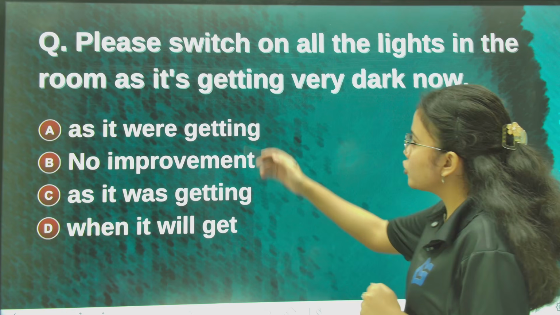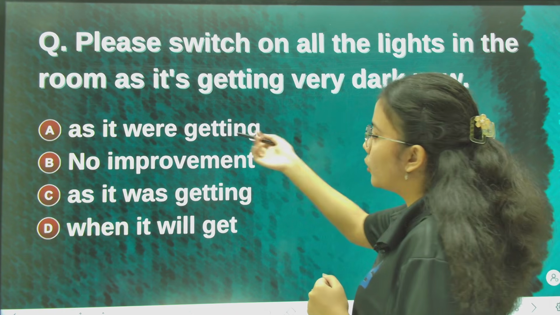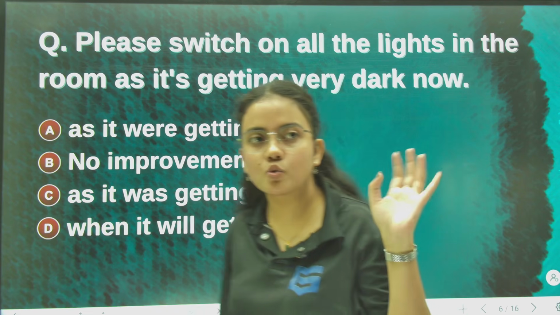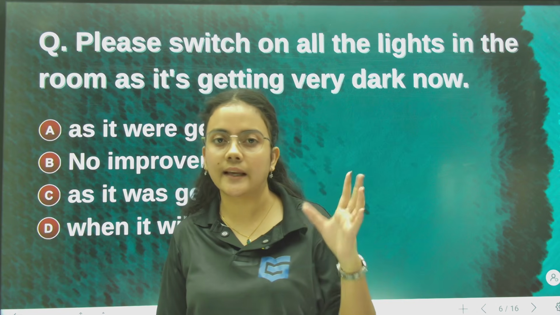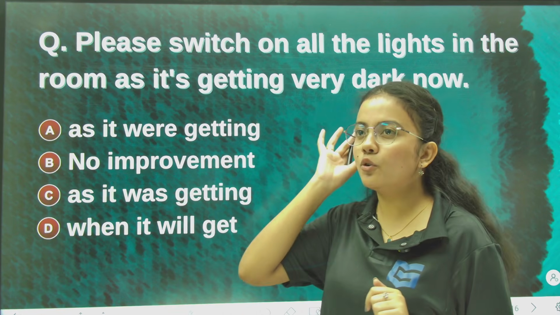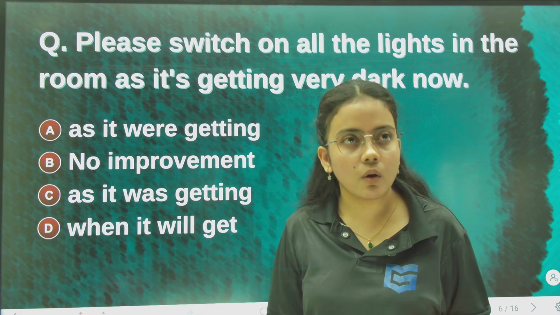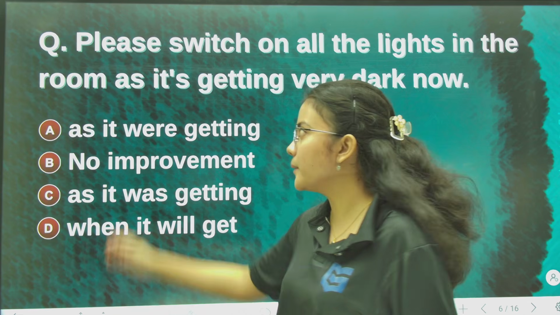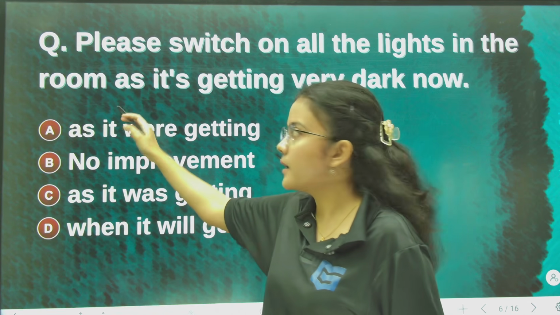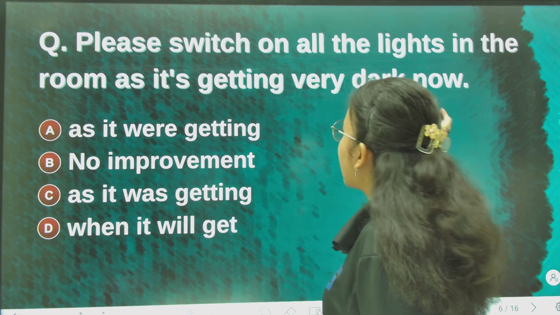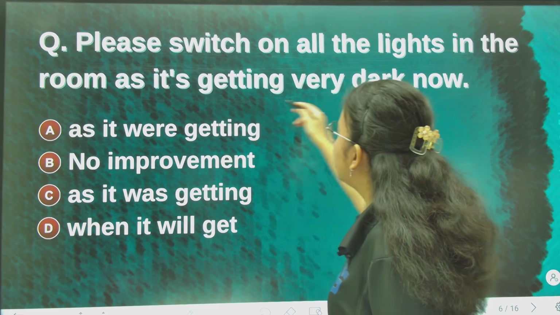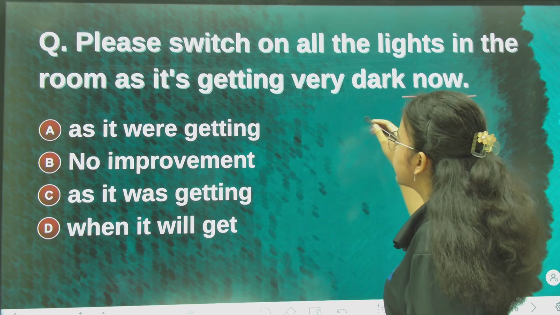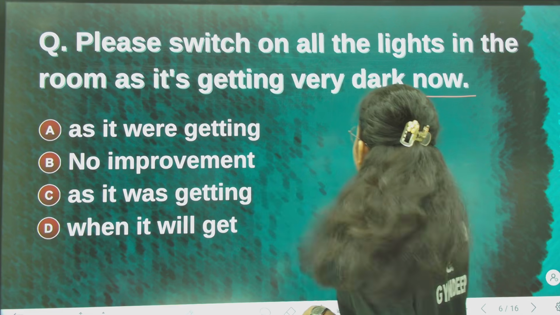Now see, the first statement is 'please switch on all the lights in the room'. Then we have to choose between 'as' and 'because', which give the same meaning. 'It's getting very dark now' is an action which is happening now, an ongoing action.